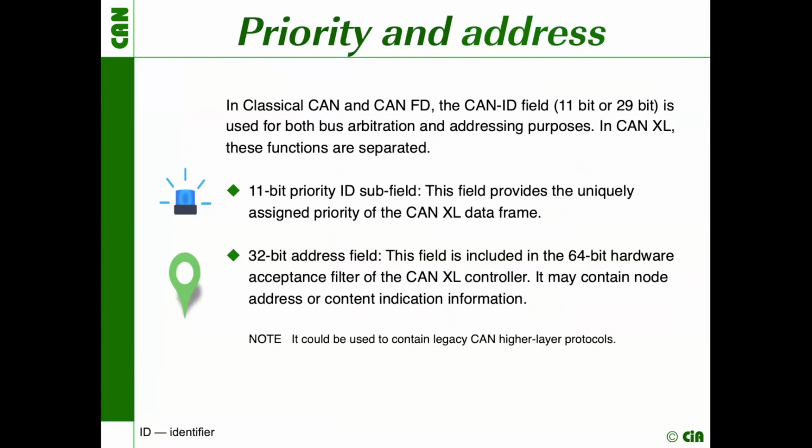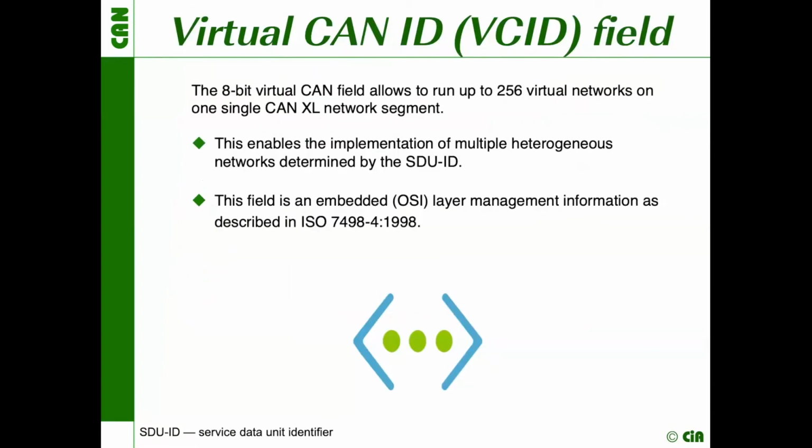I said already we now have a difference between priority and address. We can differentiate between those two because we have the 11-bit CAN identifier plus an additional 32-bit address field. We will have a virtual CAN ID in addition. It's an 8-bit field, so we can distinguish different virtual networks on the same cable.